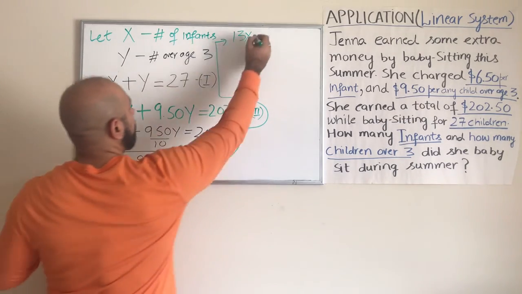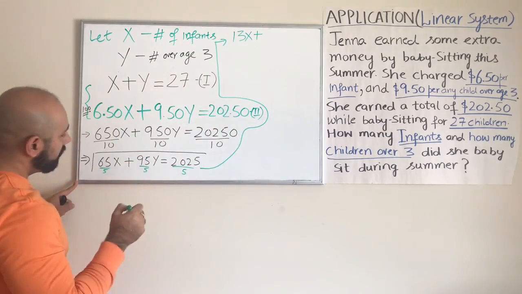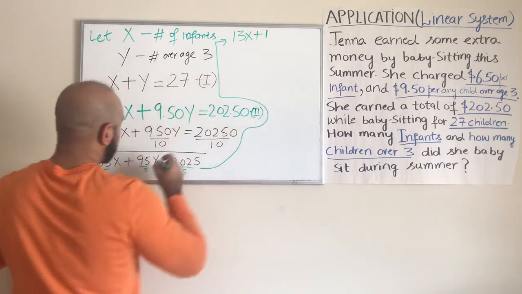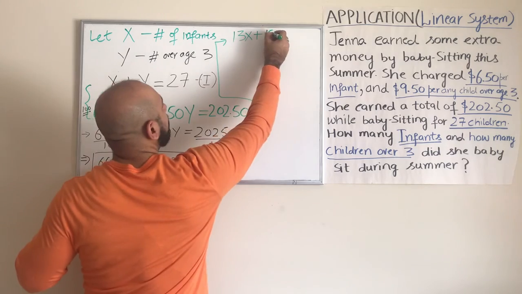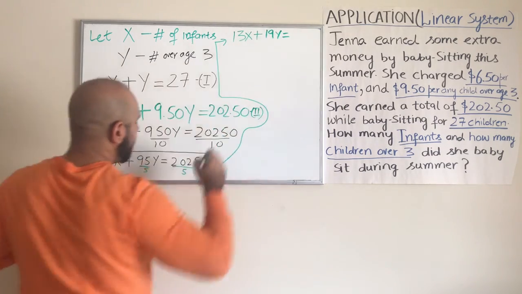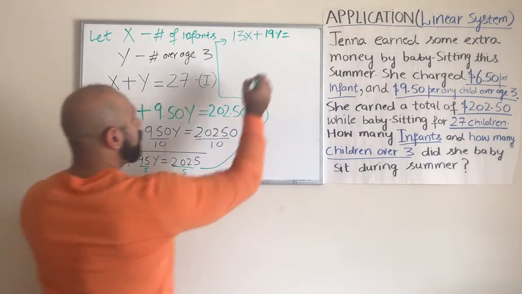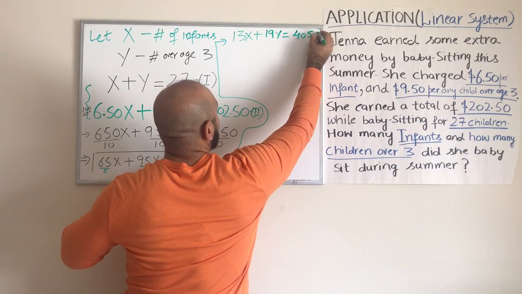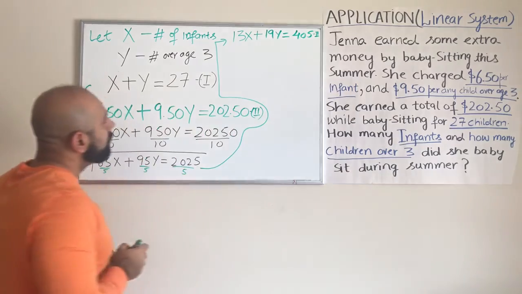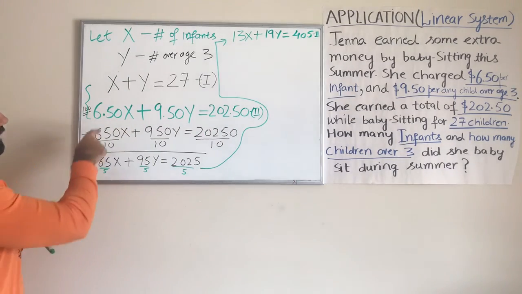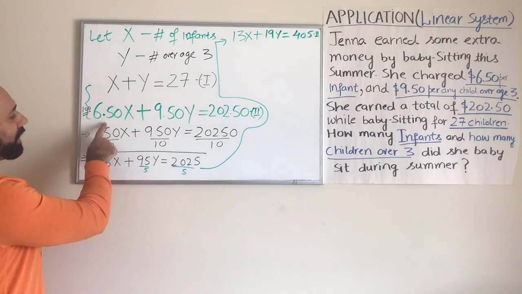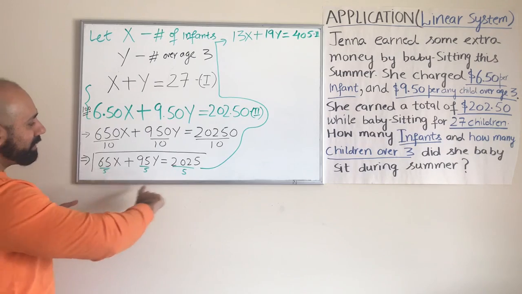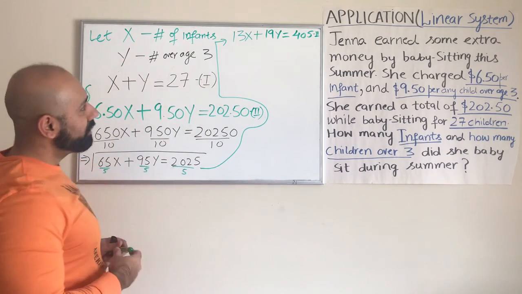Then I have to divide 95 by 5, so it's going to be 19y. And on the right hand side, it would be 405. That is my equation 2 transformed. So look at my initial equation 2, and now by doing these simple mathematical operations, it is simplified to that.